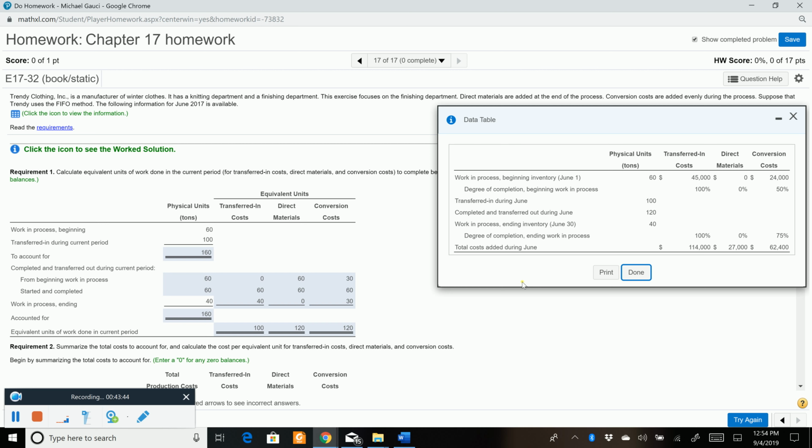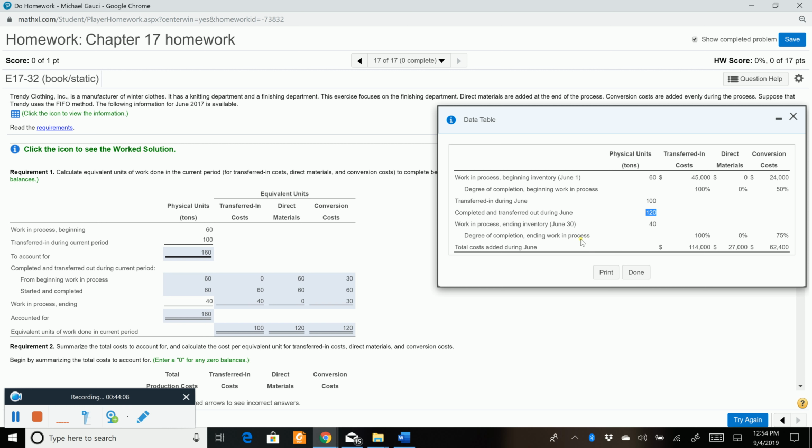So we have 60 units in beginning WIP, physical units, and we know that 100 units transferred in from the knitting department into the finishing department. So we need to account for 160 units. Out of that 160 units, we know that 120 units have been completed.